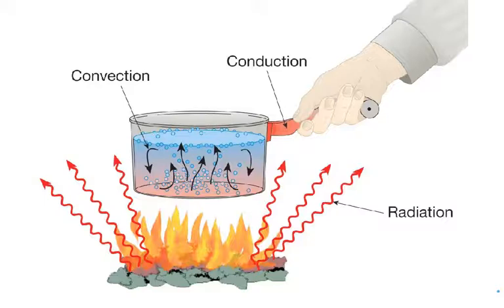Another one is radiation, and radiation is the method of heat transfer that does not rely upon any contact between the heat source and the heated object, unlike conduction and convection, which need the objects to be in contact.